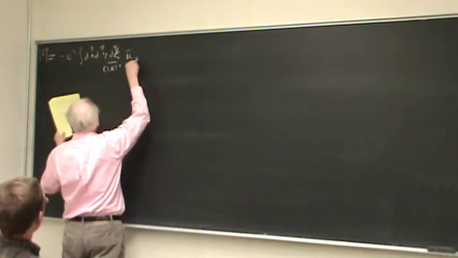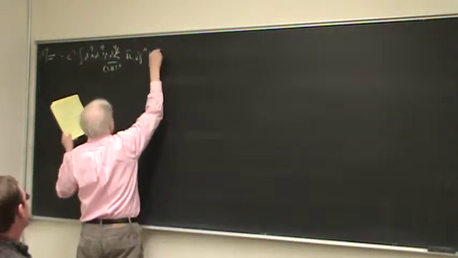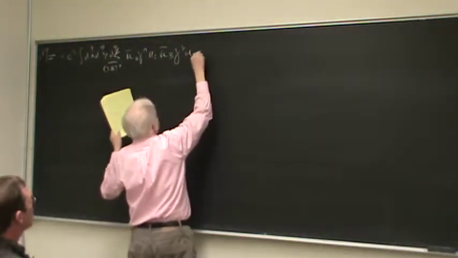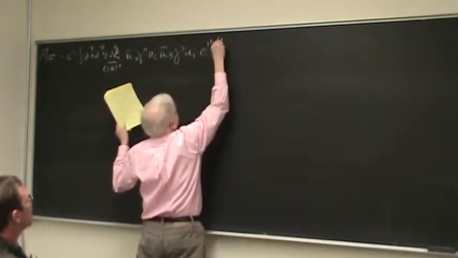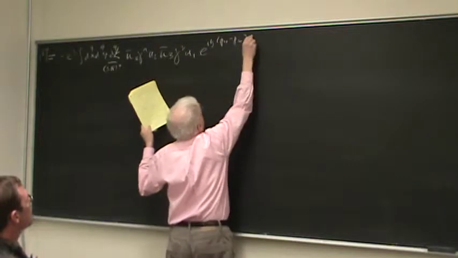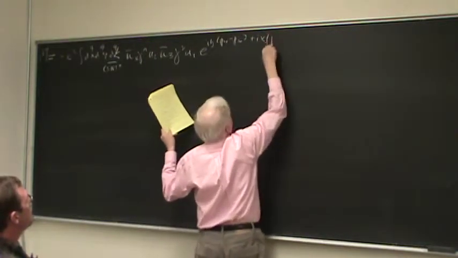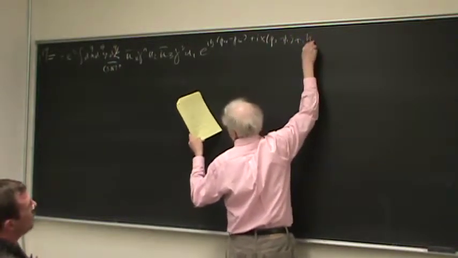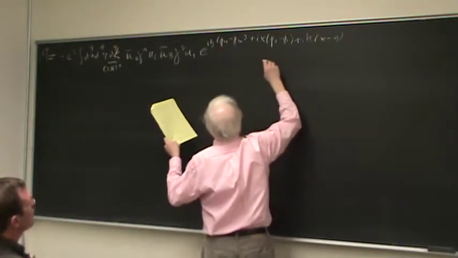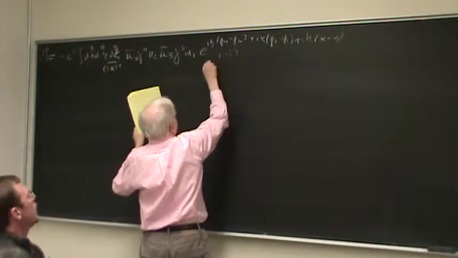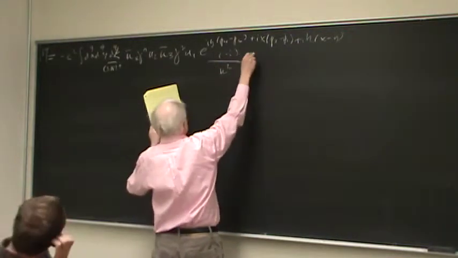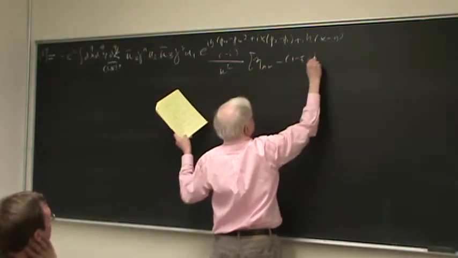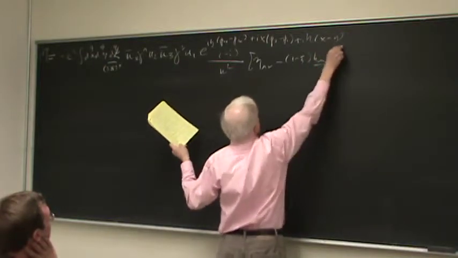So u bar 4 gamma mu u2, u bar 3 gamma nu u1, e to the i y (p4 minus p2) plus i x (p3 minus p1) plus i k (x minus y), and then down here we have a minus i over k squared. The i epsilon doesn't matter. We have a g mu nu minus (1 minus c) k mu k nu over k squared.